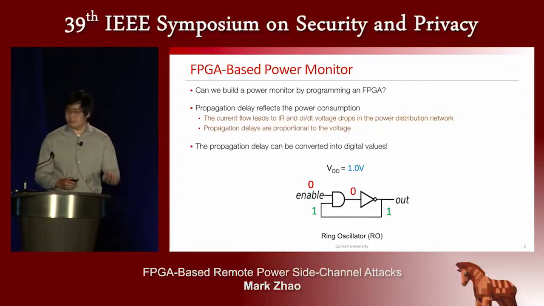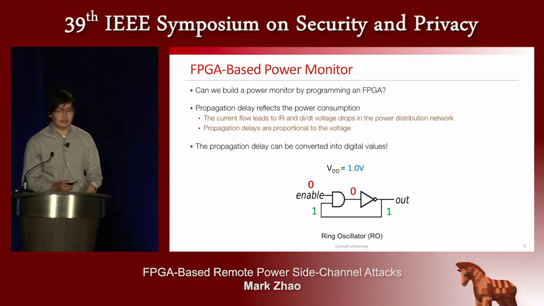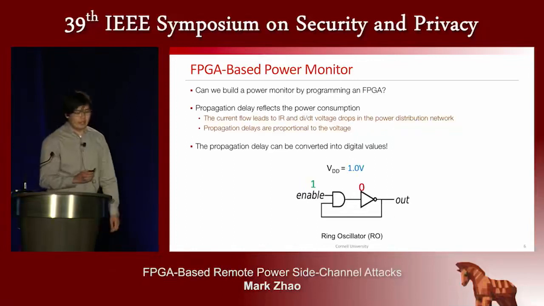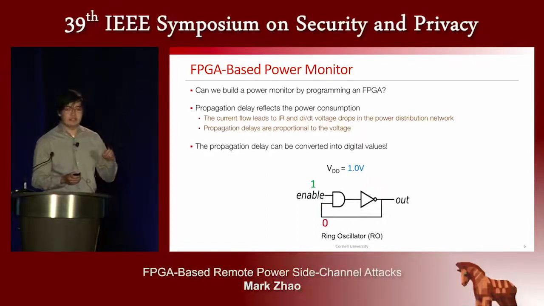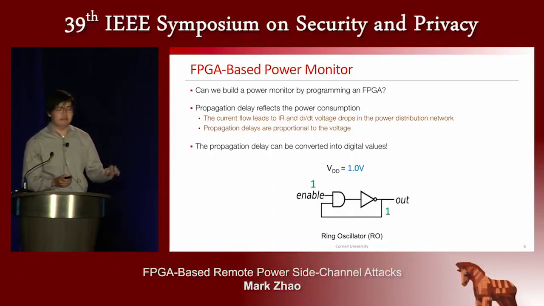So the picture on the bottom shows a ring oscillator. It is simply an AND gate connected to an inverter, which is then looped back on itself. So when the enable signal of the RO is 0, then the circuit is static and nothing happens. However, if we enable the ring oscillator, we see that a signal propagates around the ring oscillator, and every oscillation, the output value flips.